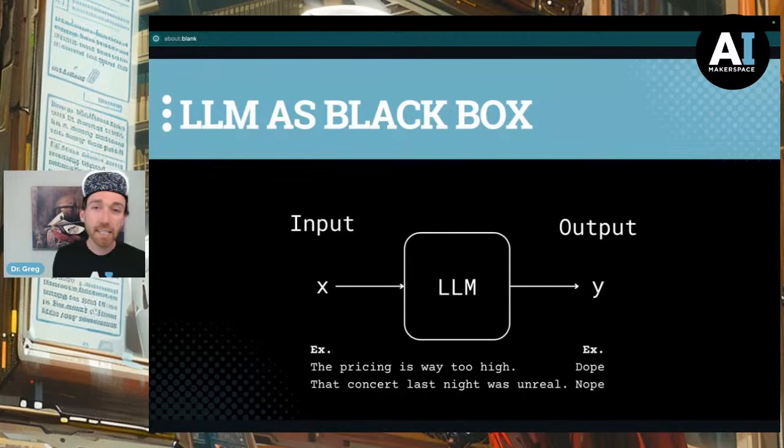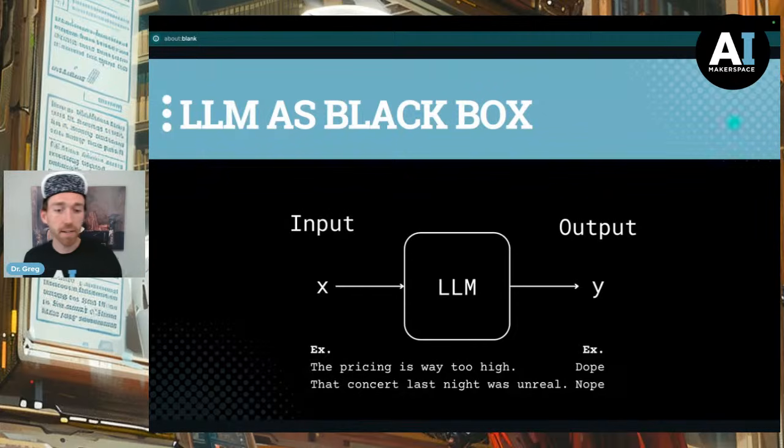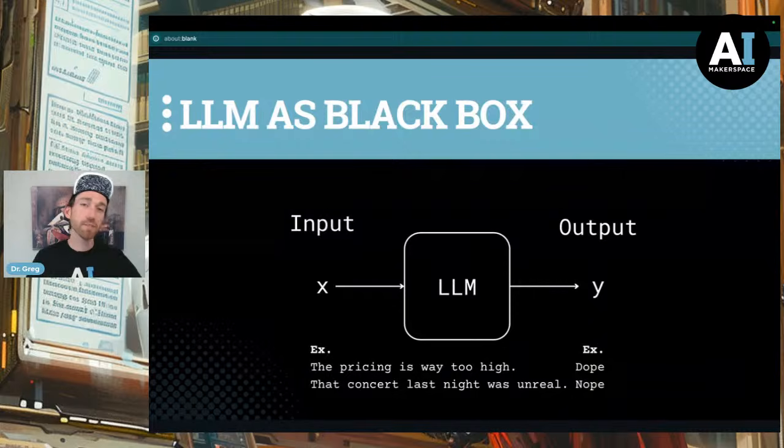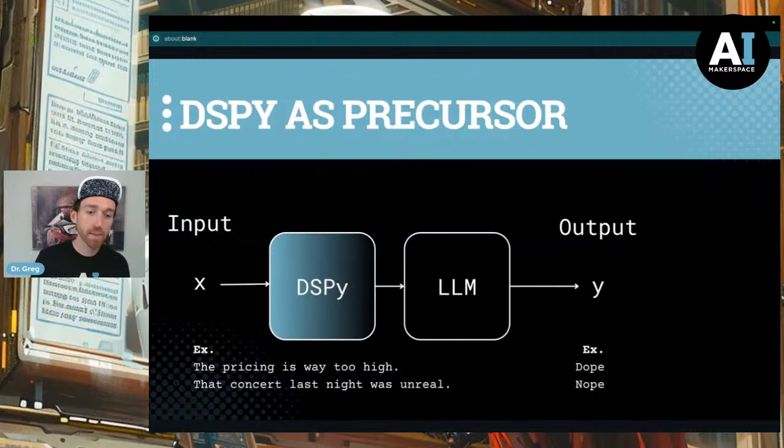And so the idea here is, can we do something to make this a little bit better without changing anything inside the black box? Of course, you can do lots of things when you get into open source models and fine-tuning through APIs, and you can do all sorts of cool stuff. But let's say we can't do any of that.